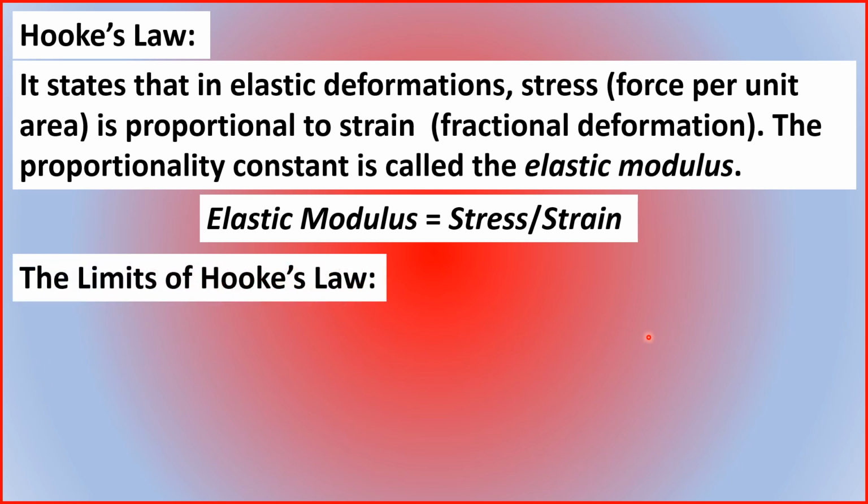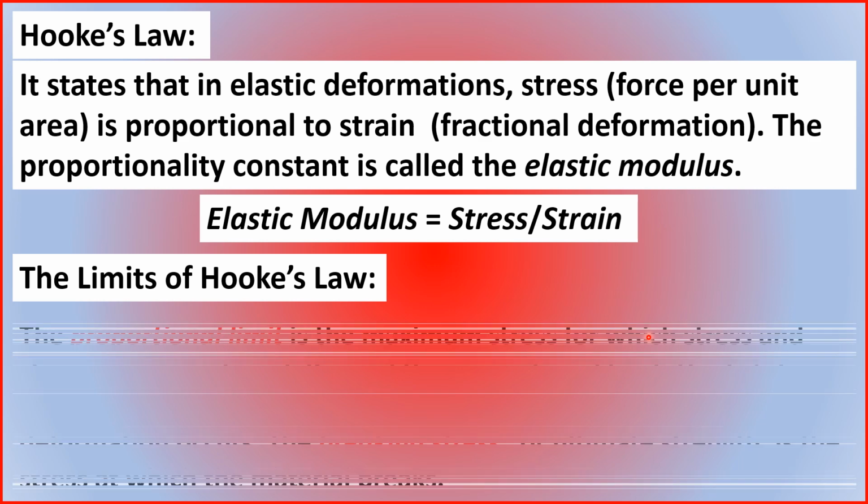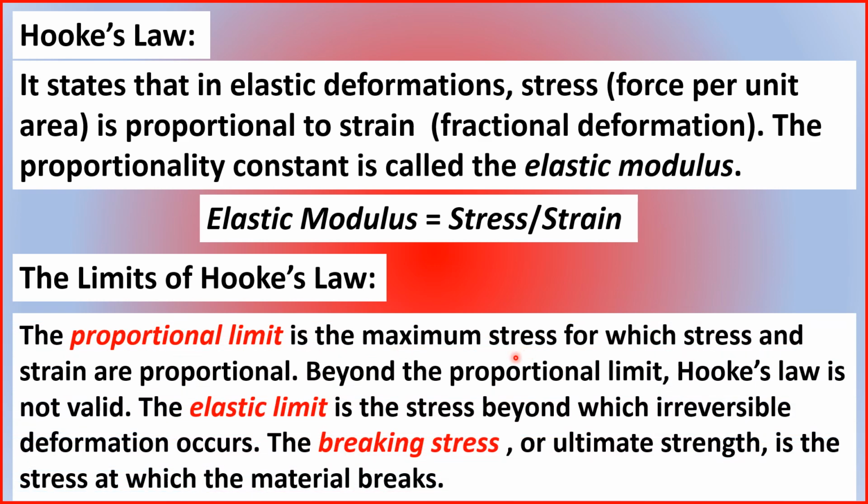Now, there are limits of Hooke's law. There is such a thing as the proportional limit. It is the maximum stress for which stress and strain are proportional. Beyond the proportional limit, Hooke's law is not valid. Alright?